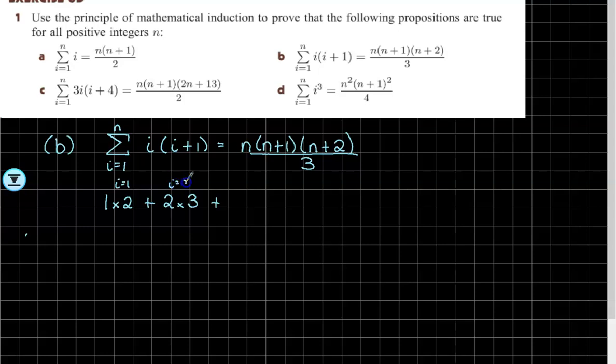This is when i is 2. What's when i is 3? 3 times 4, etc., etc. So we go all the way up to when i is n, so that's going to be n times n plus 1. And they're telling us that this would be the same as n times n plus 1.